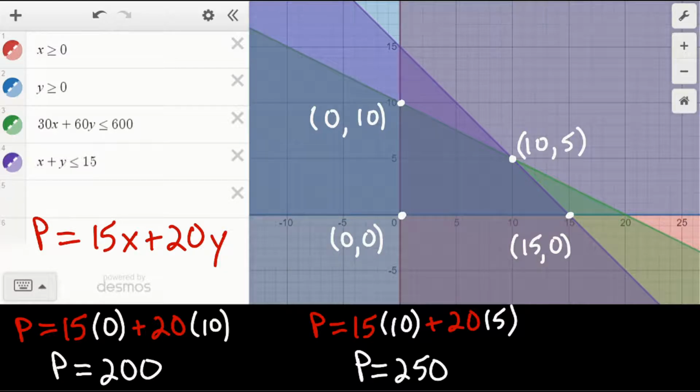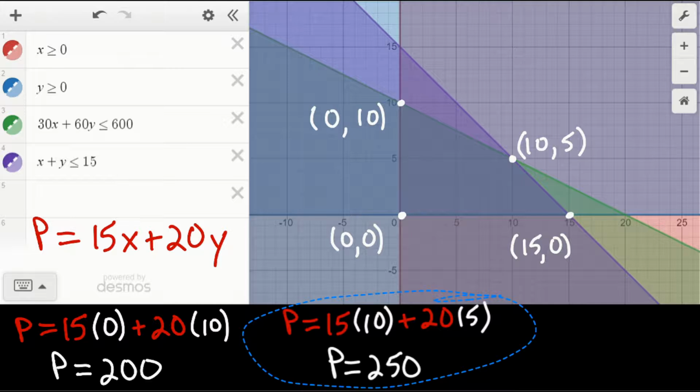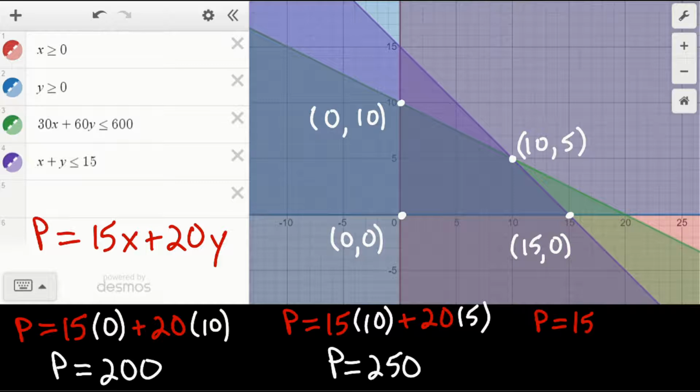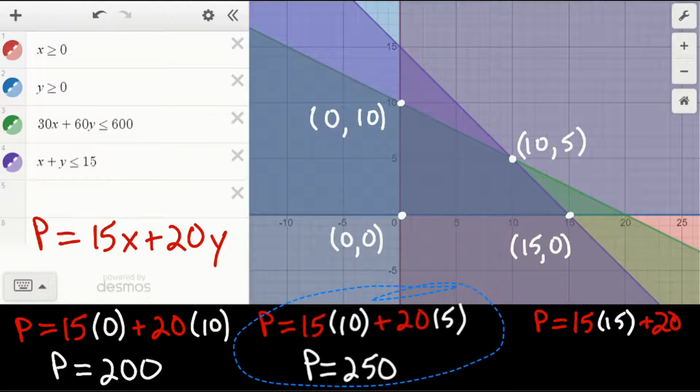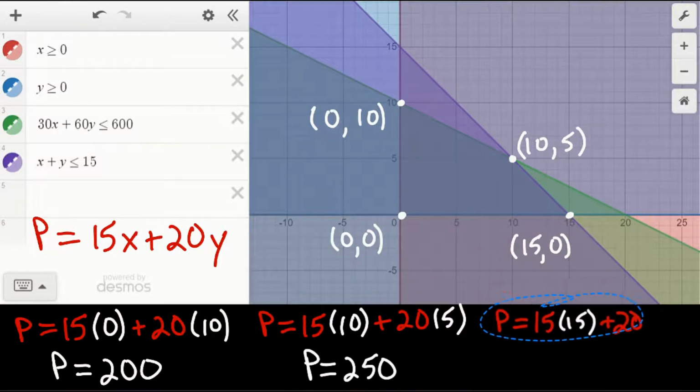Here we have a profit is equal to 15 times 15 plus 20 times 0.